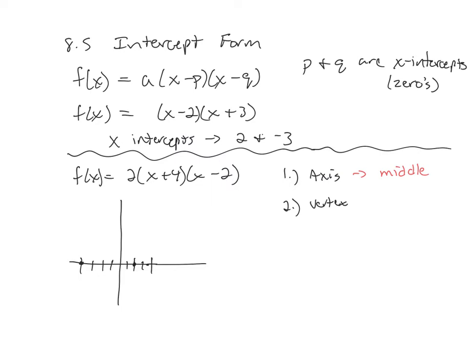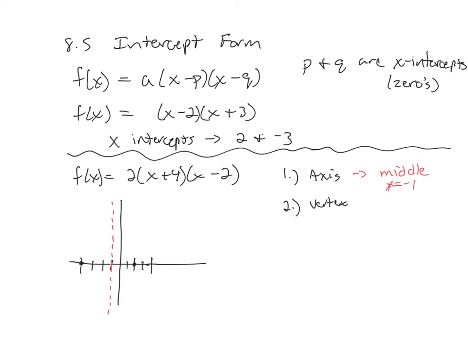If you just count, it's got to be the same number of spaces in between. If I count from negative 4 on the left, 1, 2, 3, I end up here in the middle. And if I count 1, 2, 3 from the other side, there's the middle. And so the axis of symmetry is x equals negative 1, because it crosses the x-axis at negative 1.